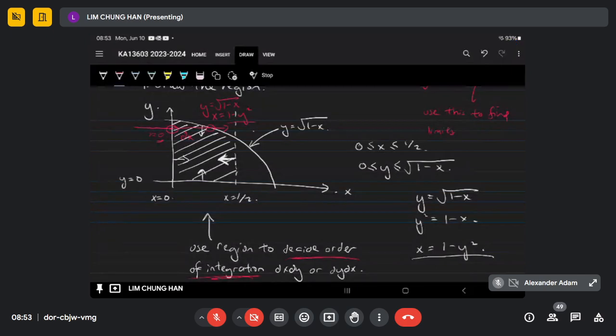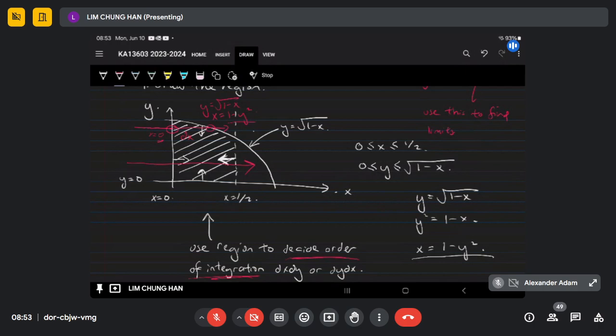Sorry, doctor, why did you draw the line from the top? Why didn't you draw it from the lower? You mean why I don't draw it like that? Very good question.